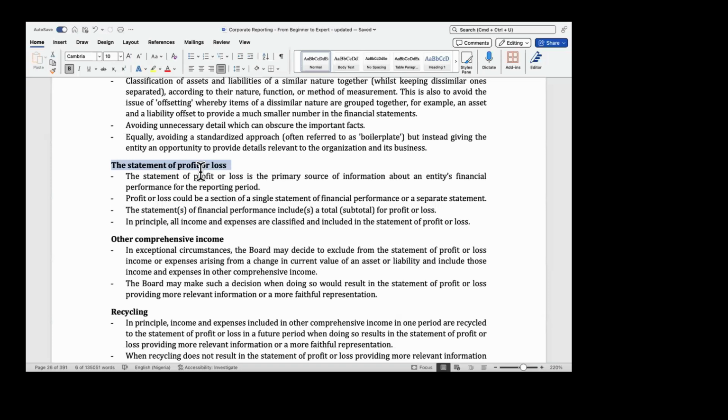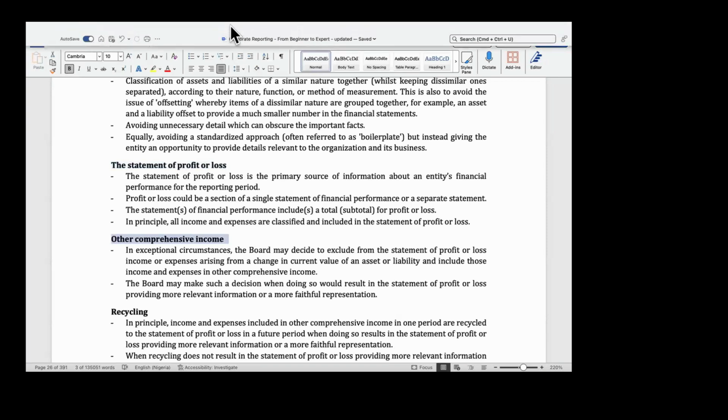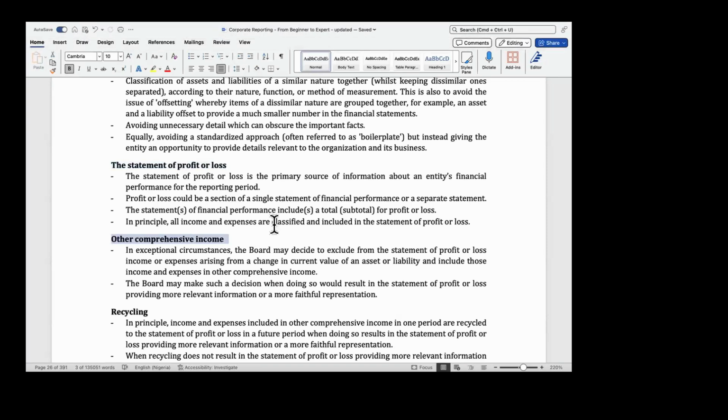However, there is certain income that we don't want you to put in P&L. We put it in other comprehensive income. There is some income that we really want an entity to put in other comprehensive income because it is income arising from changes in current value of assets or liabilities. So when an income or expense arises from a change in value of an asset or liability, don't put it in P&L because it's going to distort your profit.